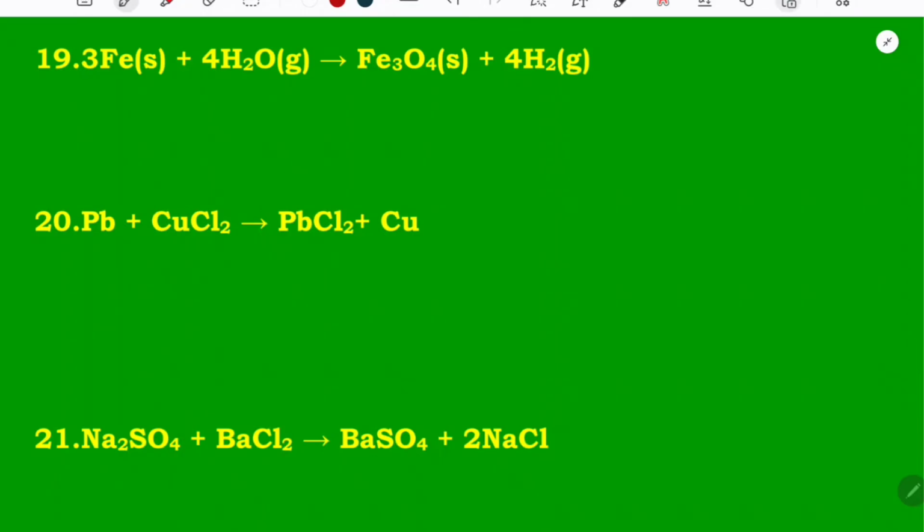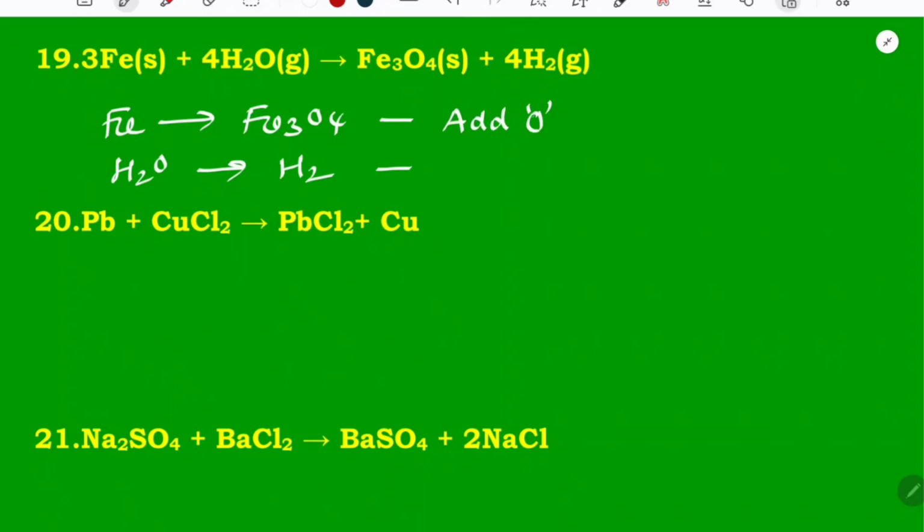Here iron is converting to Fe3O4 and H2O is converting to H2. What type of reaction is this one? Here, adding oxygen takes place, and here, loss of oxygen takes place. Adding oxygen is oxidation.